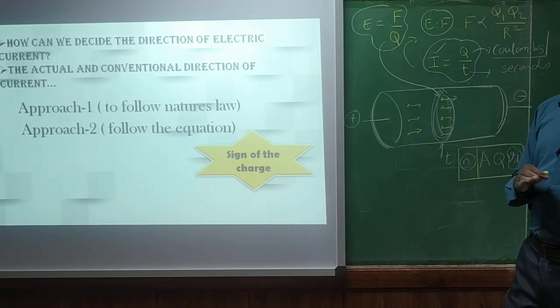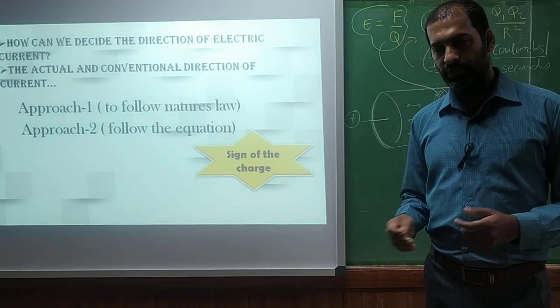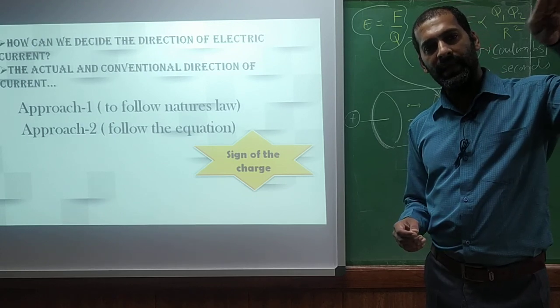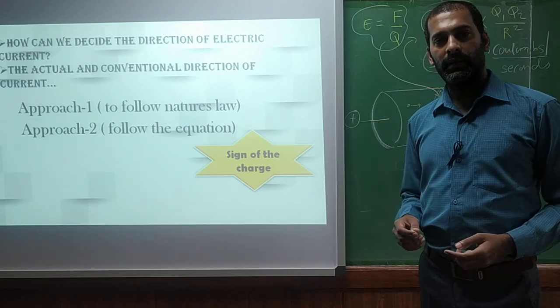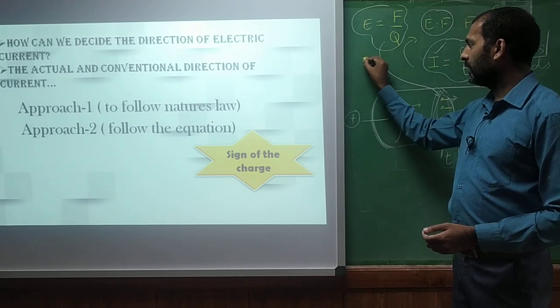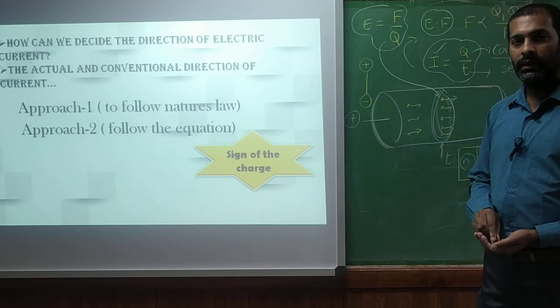If you talk about flow, whenever we pour water, or if you see a river, it flows from a higher level to a lower level. So Nature's law says that everything should flow from higher level to lower level.